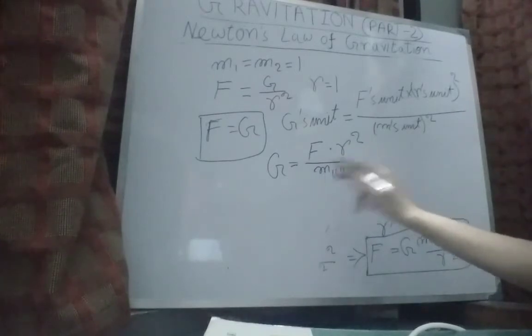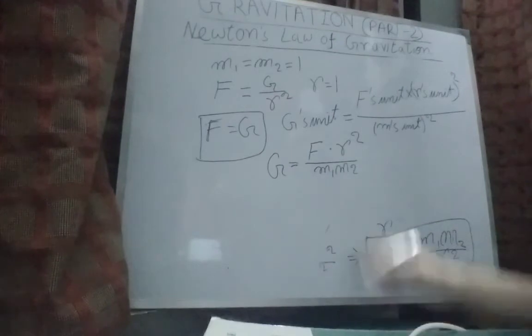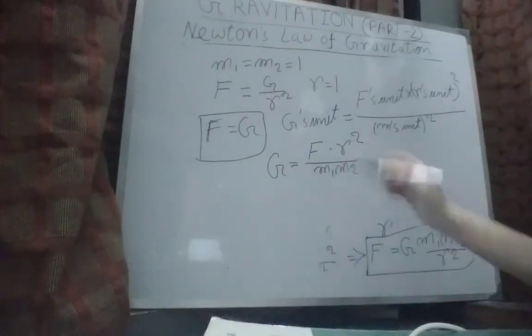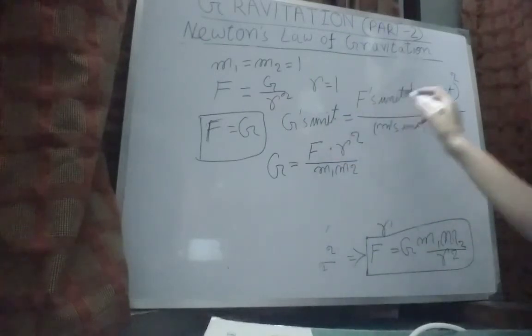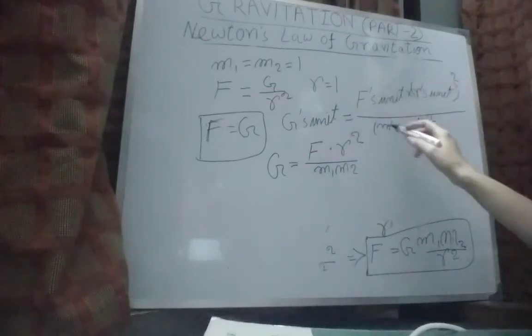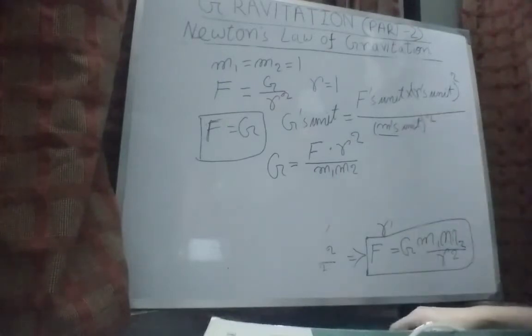As both are masses, when considering the unit we can consider it as m square. So G's unit is F's unit, r's unit squared, divided by m's unit squared, that is mass.